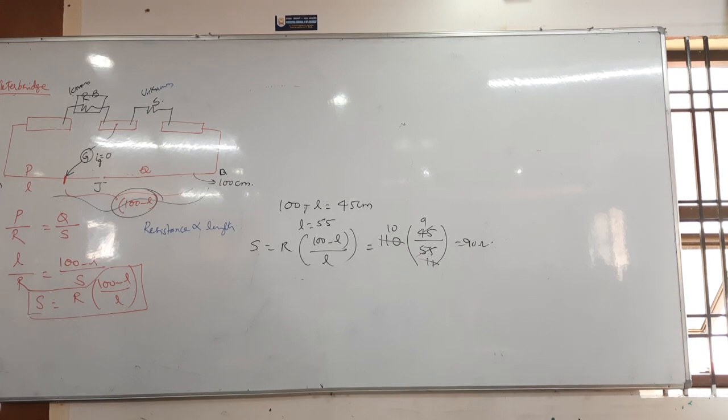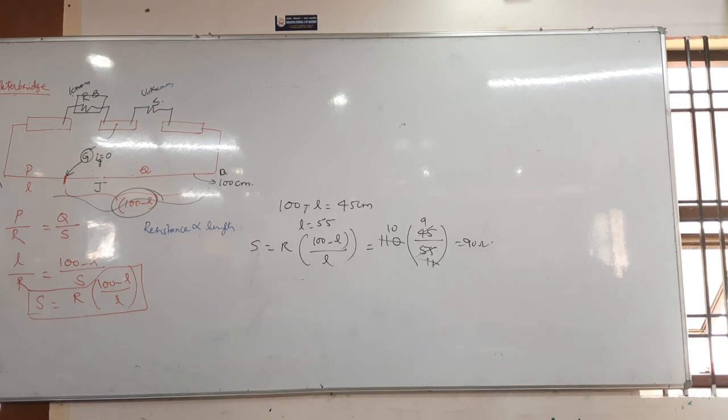If R and S are interchanged, then the distance of the null point from A is L2. Then find L2 minus L1.